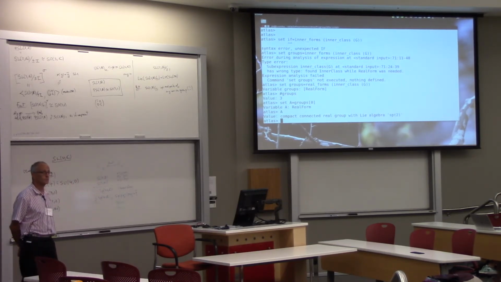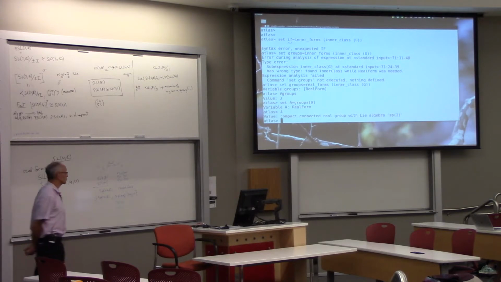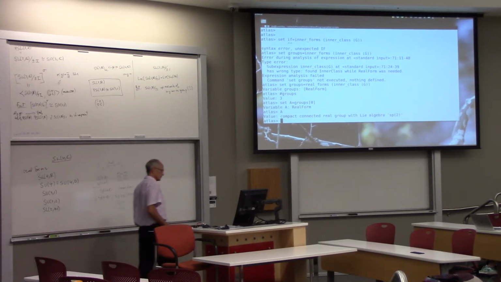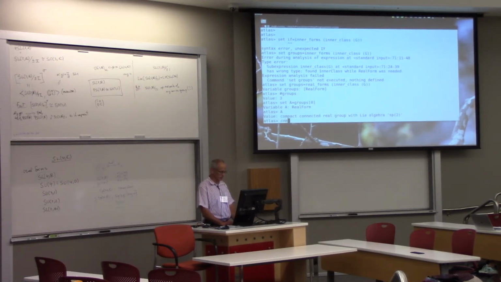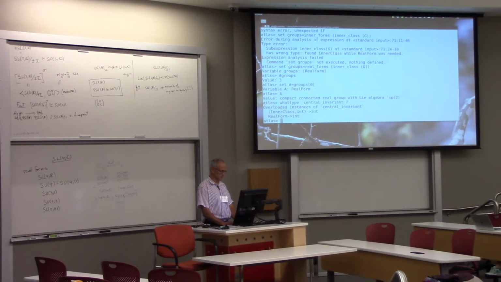What was the various command you used? It's called central invariant. It's getting a little bit ahead of ourselves, but since someone asked, let's do what type? So it takes a real form to an integer. So let's do the following. This is something we haven't shown you yet. Let's do central invariant at real form.